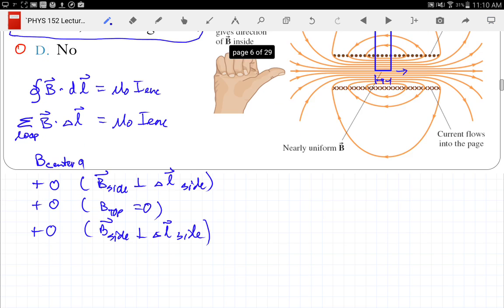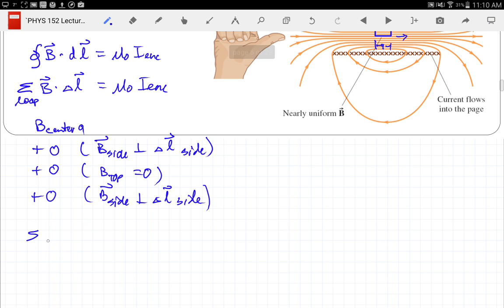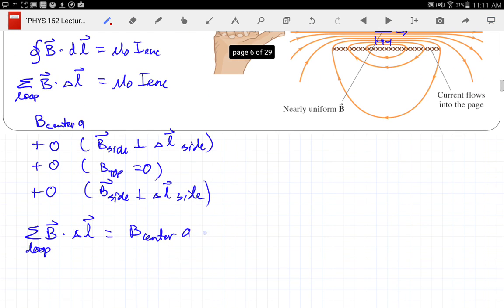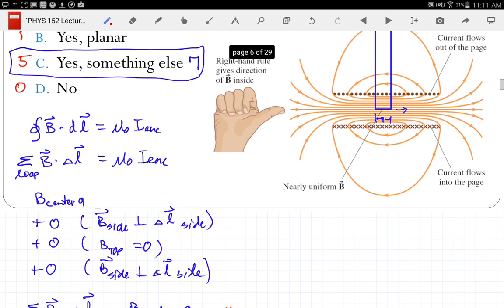That gives us the left side. So we have the sum of B dot delta L on the loop is equal to B center times A. But Ampere's law tells us that that's equal to mu 0 times the current enclosed.